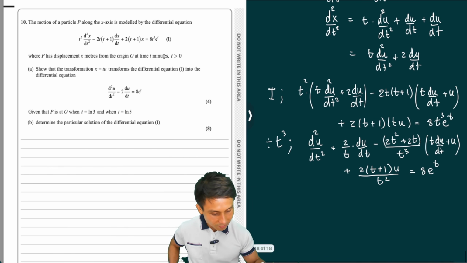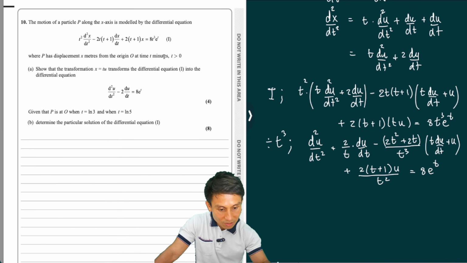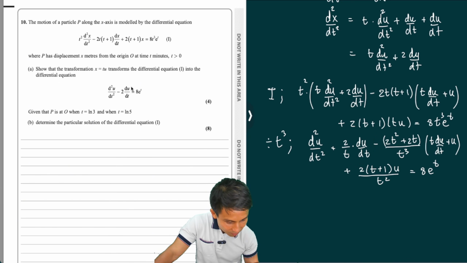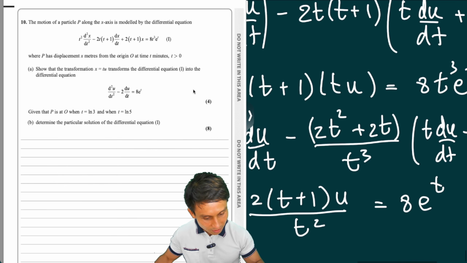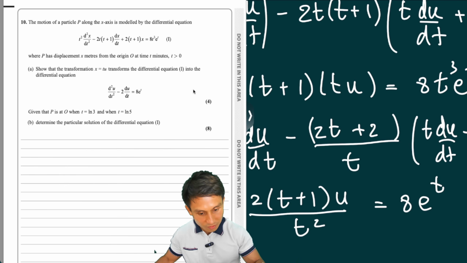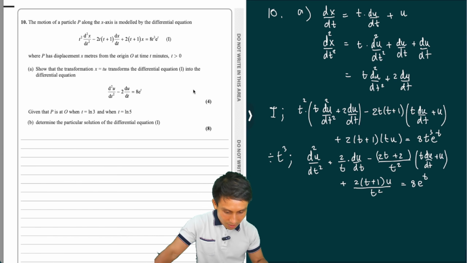I believe it's going to simplify, so we need to seek simplification here. It seems like we're only going to have du by dt left, so other terms should cancel. Hang on, for this one I can cut one t out, so let me simplify that by removing this t, and this is 2t to the power of 2.